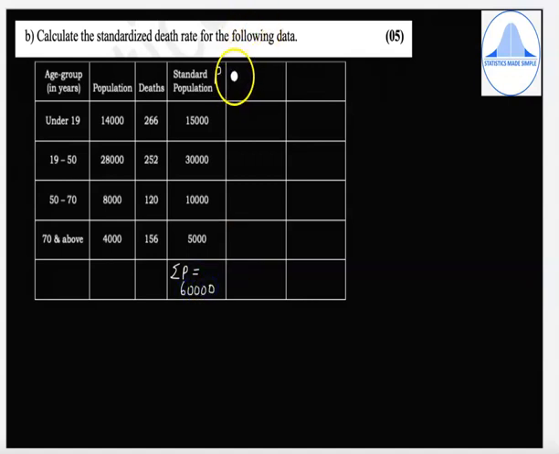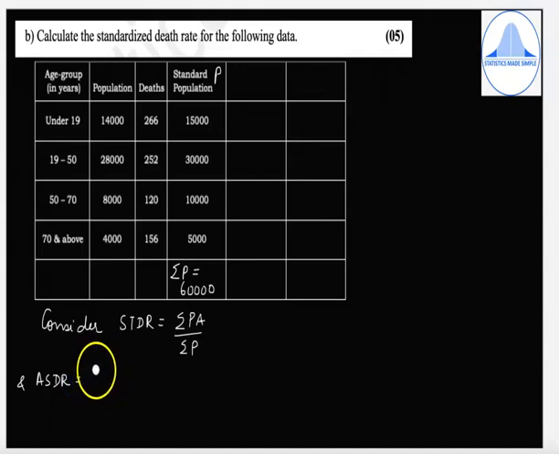Next, let us write the formula for STDR, that is the standardized death rate. So consider STDR is equal to summation PA divided by summation P, where P is the standard population and A is the ASDR. So write the ASDR formula.